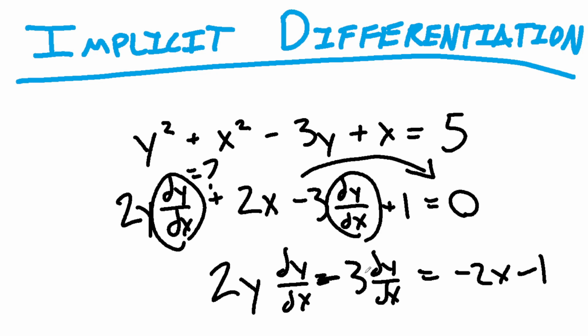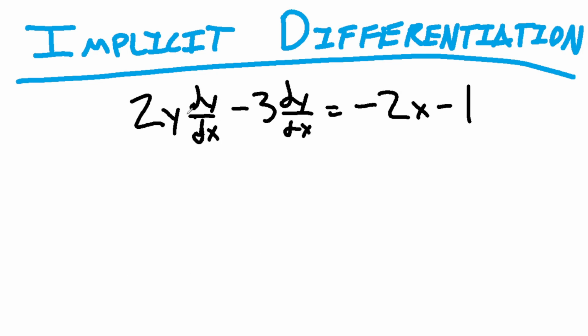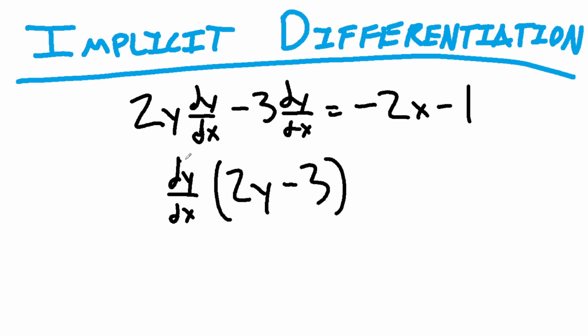So to factor out the dy/dx, we just rewrite this left side as dy/dx times 2y minus 3, because if we were to distribute this dy over dx, we'd have 2y dy over dx minus 3 dy over dx, and that still is equal to negative 2x minus 1.